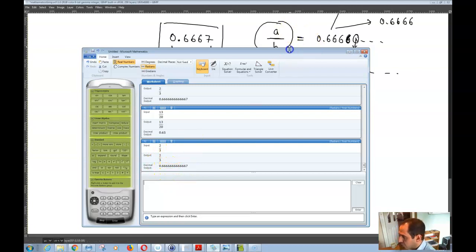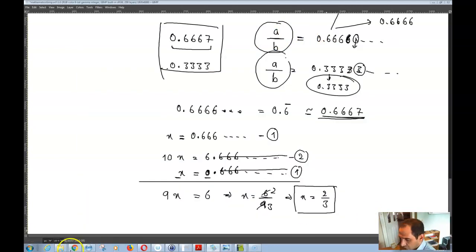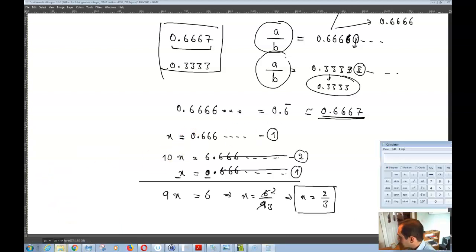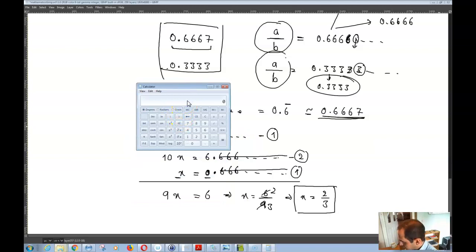I could, for example, show you another calculator that shows you more digits, but that has to round somewhere as well. So 2 divided by 3, for example, here you see more 6s over here, and this calculator gives you more digits, but eventually this has to round as well.